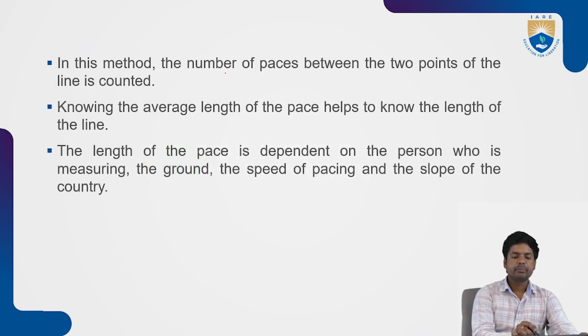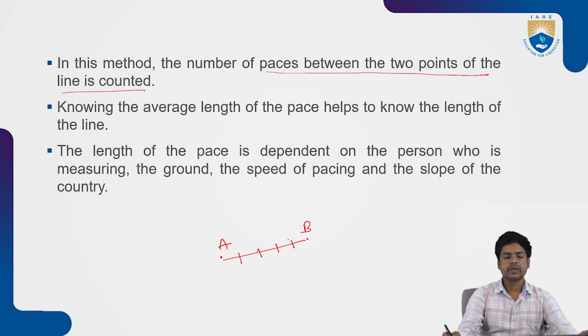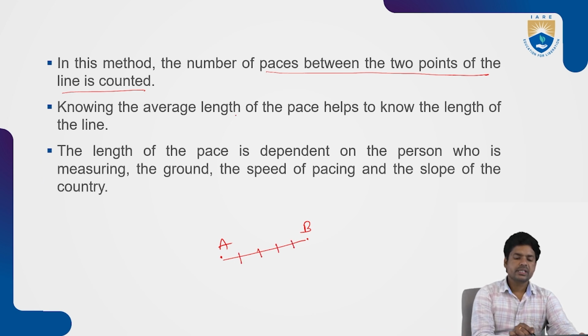In this method, the number of paces between the 2 points of the line is counted. Suppose you are walking from point A to point B, and we measure the number of paces you have taken. Knowing the average length of the pace helps to find the length of the line.